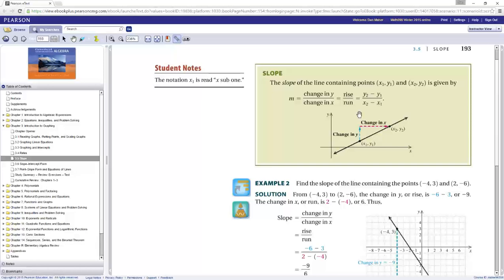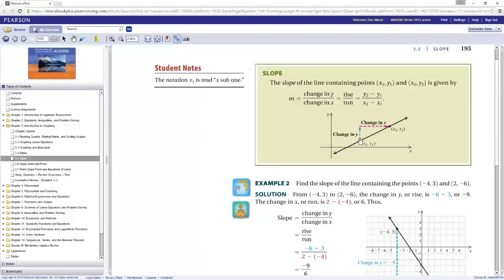So slope, which they use the letter M a lot for, is the change in Y, right? The change or the differences in the Y coordinates will tell me the change in the Y, the change in the up and down, okay? And over the change in X, which is this change left to right, right?